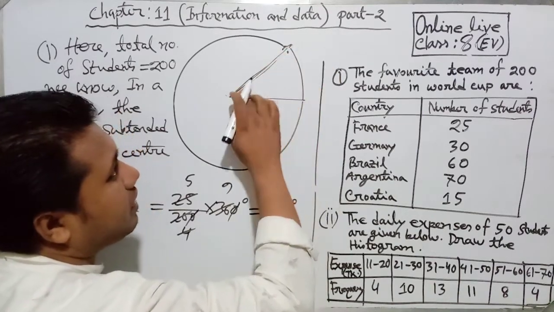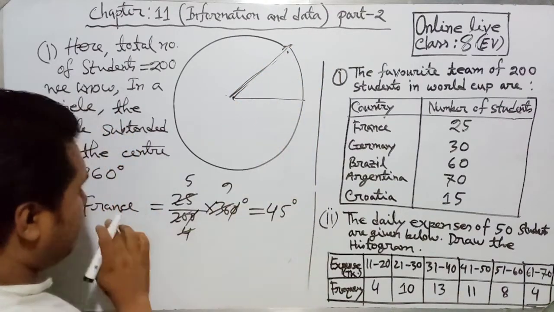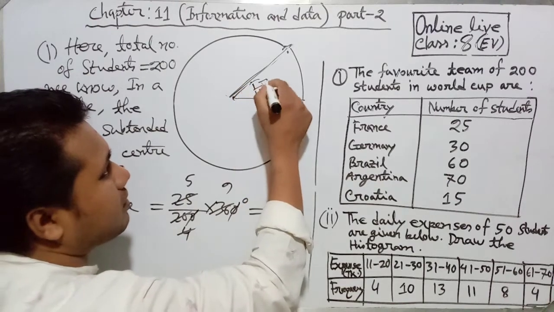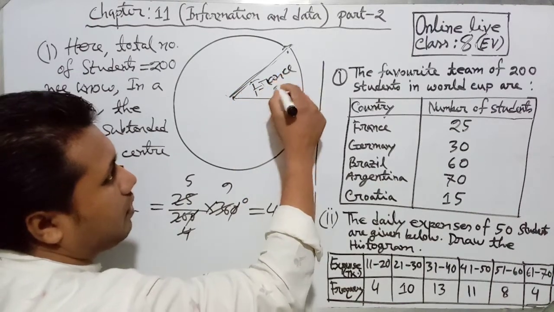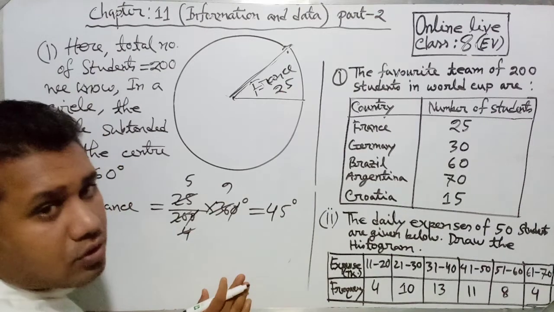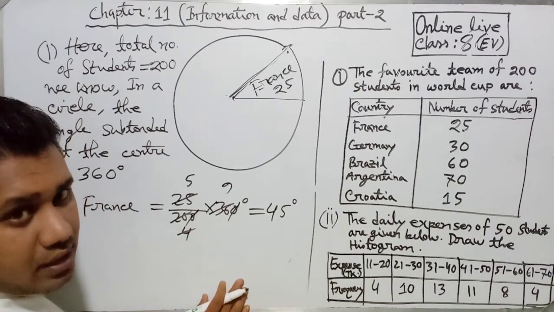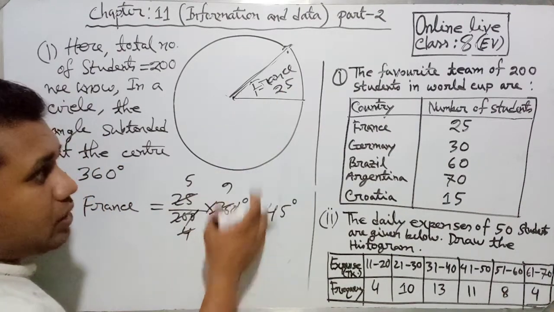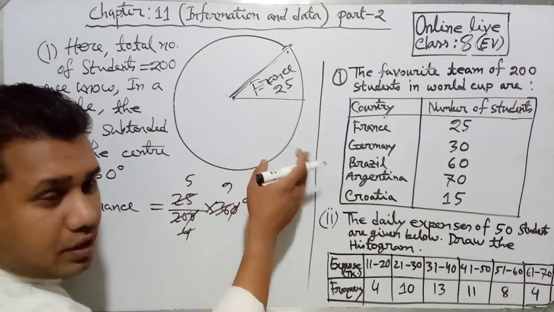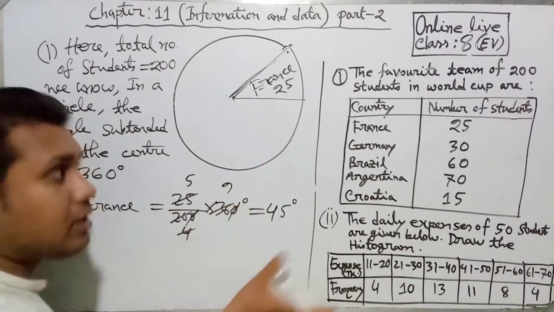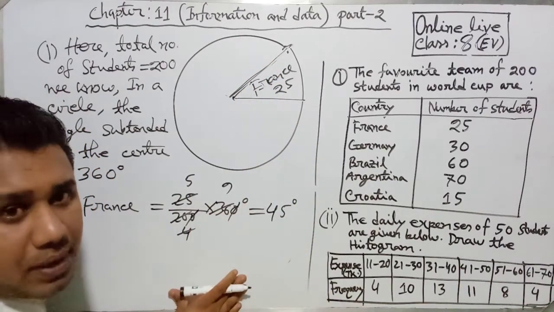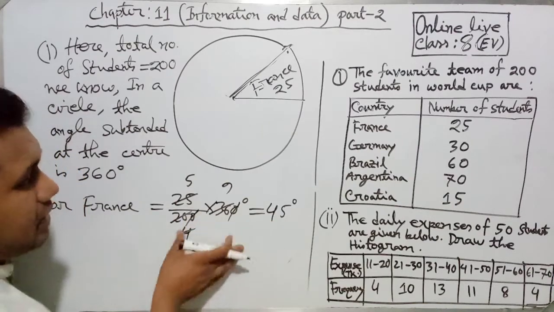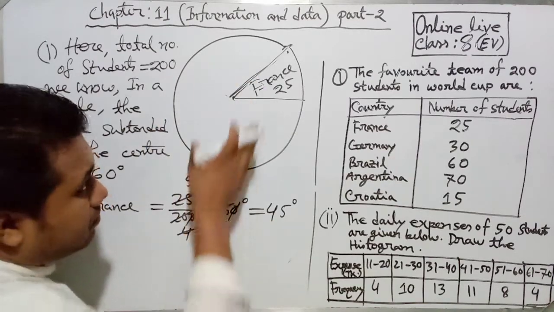So this indicates 45 degrees. This 45 degrees is France. Now write France. How many students? 25 students. It is not necessary to show every part now. At first you calculate all, then draw the pie chart. But for your better understanding, now I am showing it.